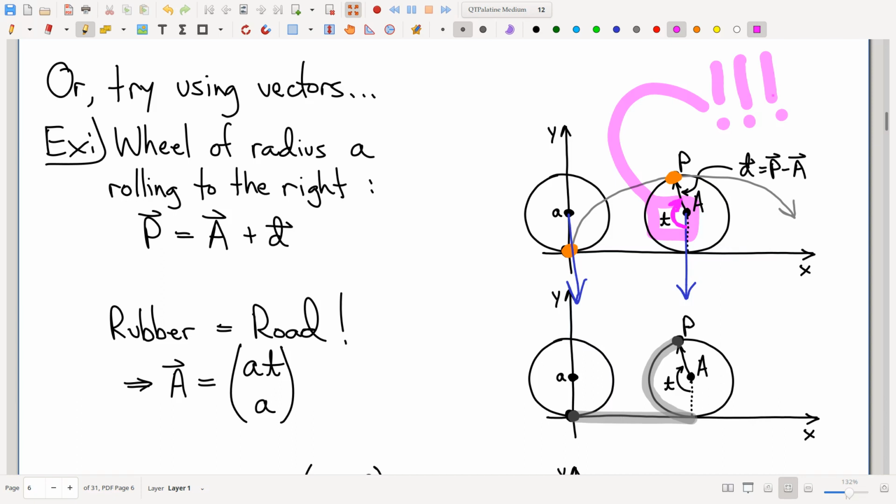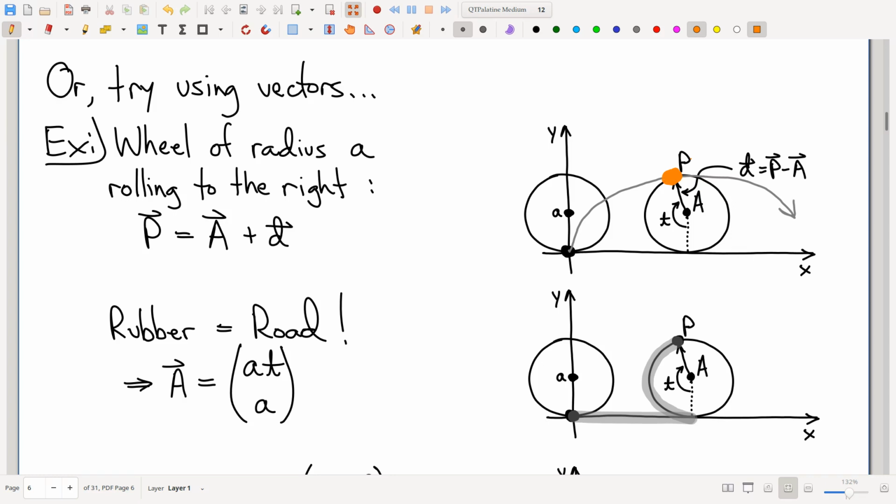Okay, second big point that I want to get to is that vector algebra is going to be our friend in this. This is a really powerful point. Vector algebra. So again, keep in mind, we're trying to understand this point.